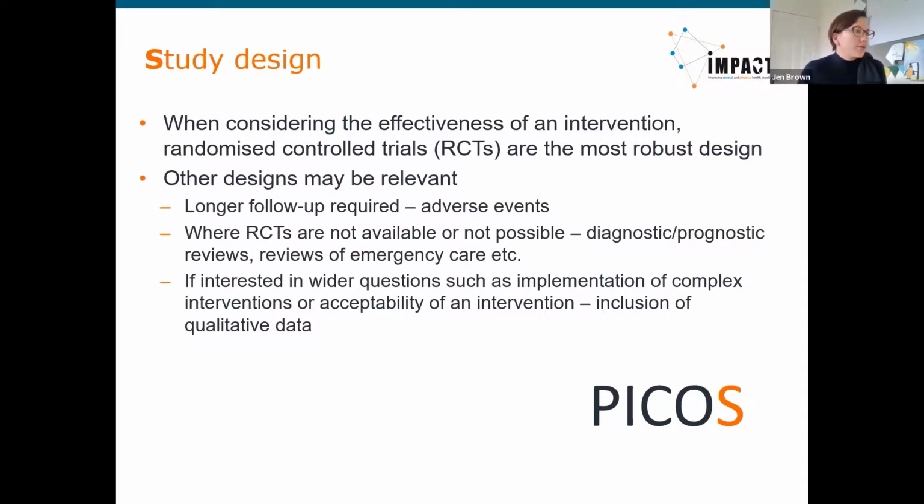And if you're interested in wider questions, such as implementation of complex interventions or the acceptability of an intervention, you might well be looking at qualitative data as well. But again, make sure that the question that you're asking matches your team's expertise and skill set. There's no point including all of this in a review question if you have no way of answering it.